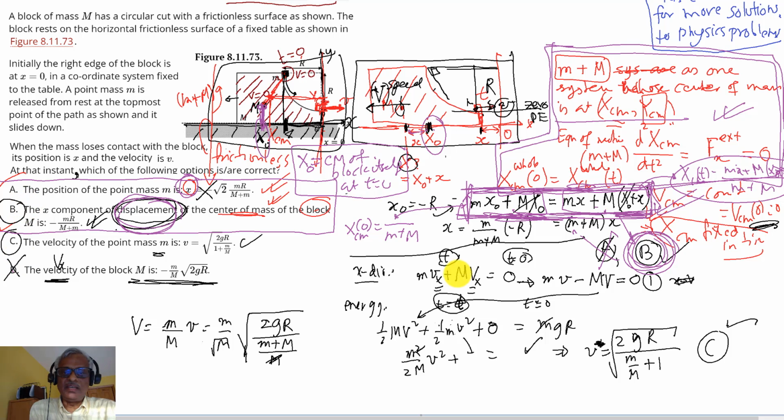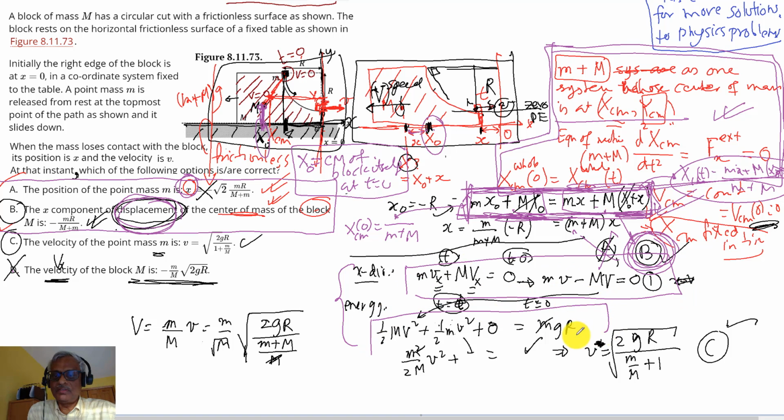Between C and D, I really had to identify momentum conservation and energy conservation, and this was not that hard to get. But momentum conservation has one problem here. If you mess up this, you'll mess up the sign here.